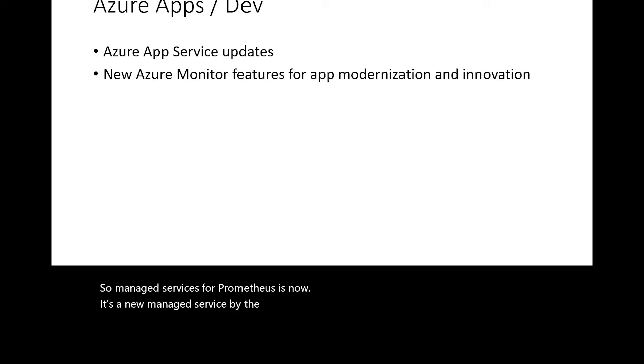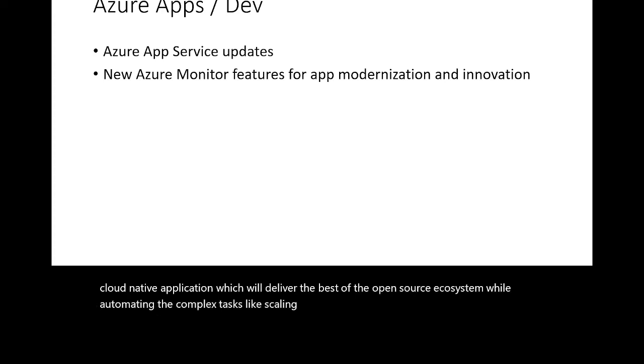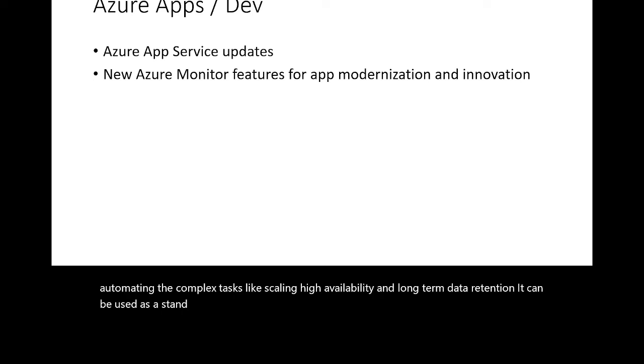Prometheus has been a very popular solution for cloud native applications, which will deliver the best of the open source ecosystem while automating complex tasks like scaling, high availability, and long-term data retention. It can be used standalone within Azure Monitor or with Azure Monitor Container Insights and Azure Managed Grafana.